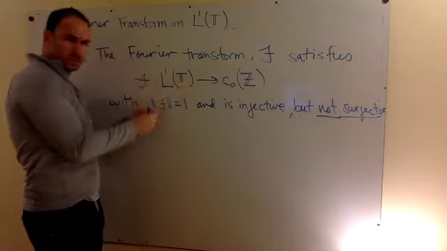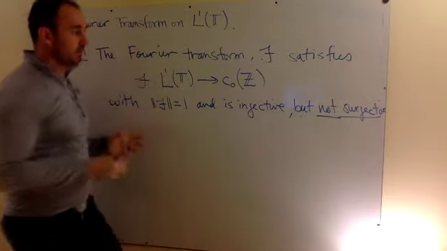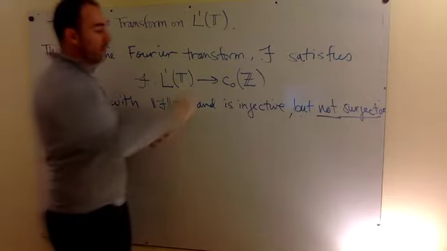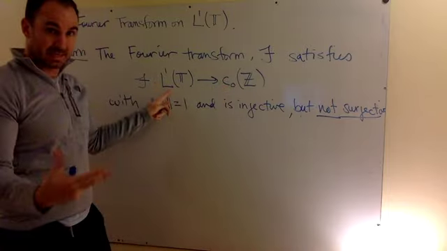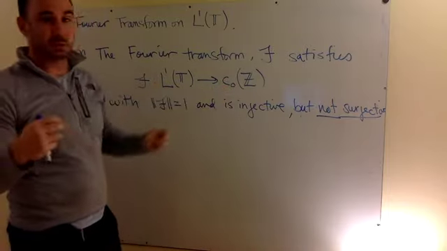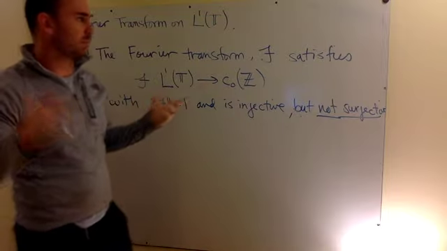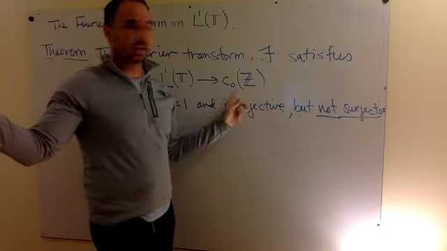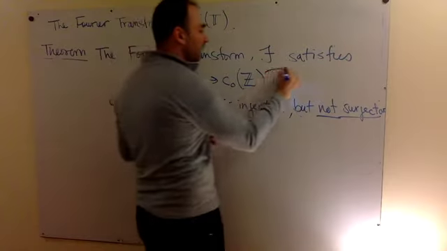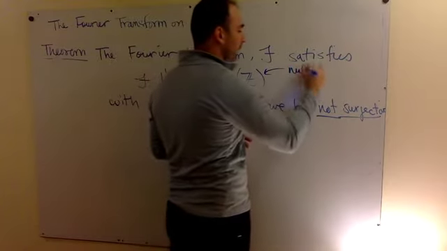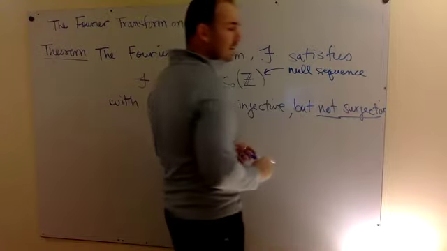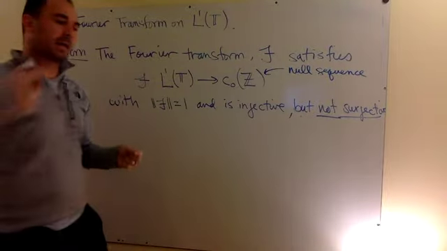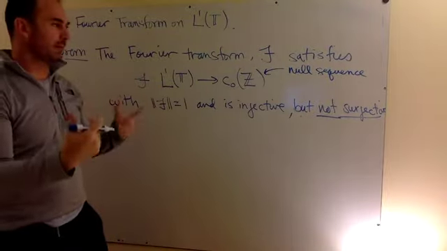So when I shrink this space, then what happens? Well, it shrinks this space. It goes from big L2 of t to little l2 of Z. If I'm in little l2 of Z, certainly I decay off. Oh, by the way, what is this? This right here is what we call null sequences. These are sequences that go to 0 as k runs out to plus or minus infinity.